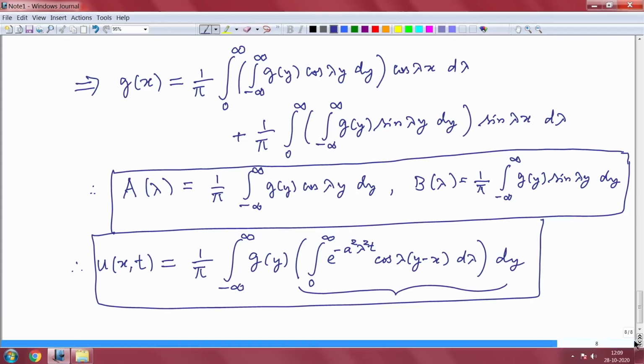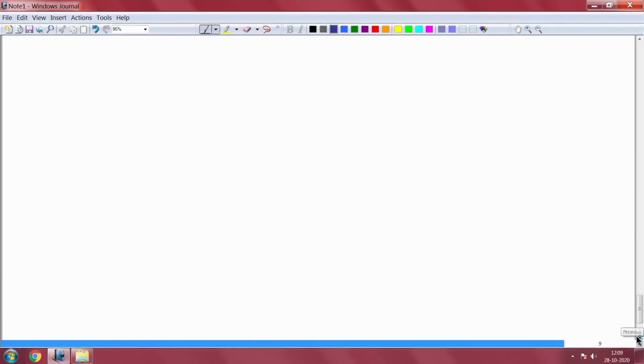So let me write it separately: the integral from 0 to infinity of e to the minus a square lambda square t cosine of lambda times y minus x d lambda.